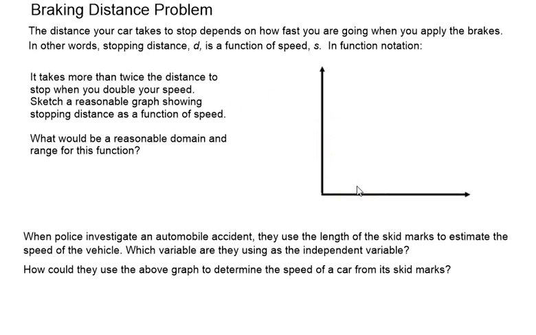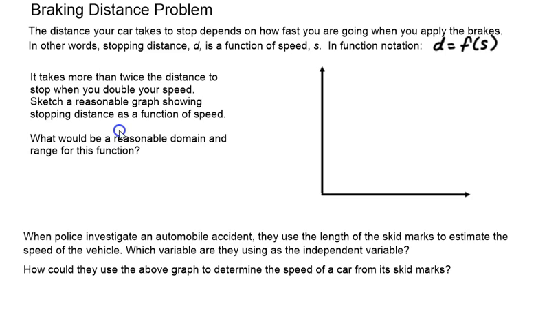Okay, so the next one we're going to look at is braking distance problem. The distance your car takes to stop depends on how fast you are going when you apply the brakes. That makes sense. In other words, stopping distance d is a function of speed s. So in function notation, we would say d is equal to f of s.